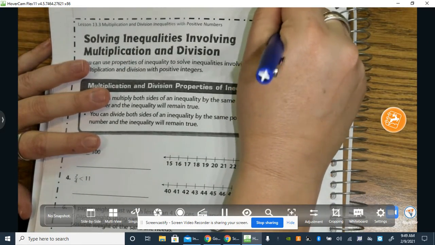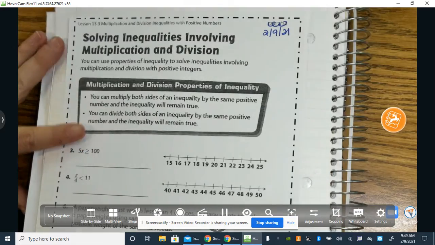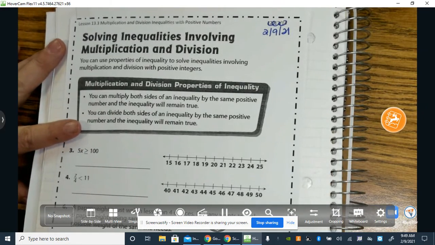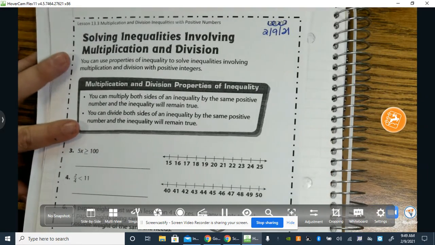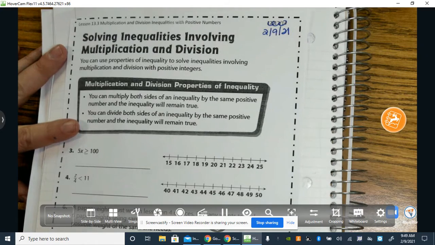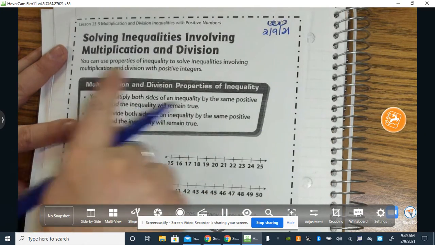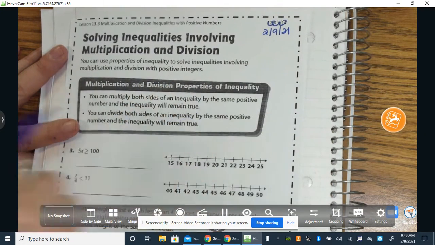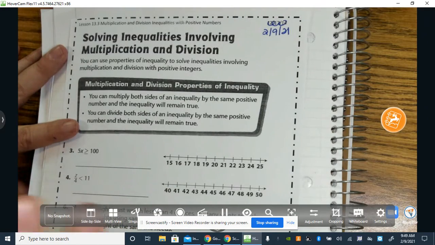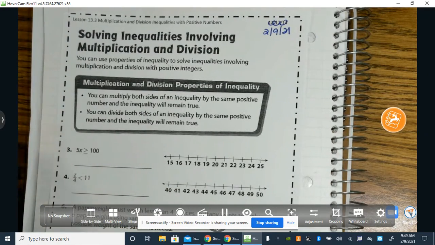to 9/2021. All right, so solving inequalities involving multiplication and division. You can use properties of inequality to solve inequalities involving multiplication and division with positive integers. All right, that's just a whole big verbiage for you to remember one thing.